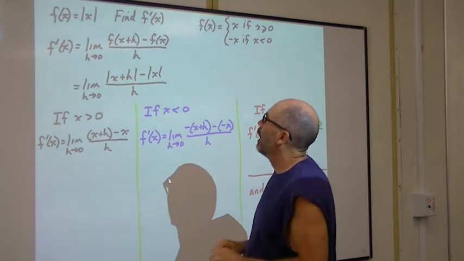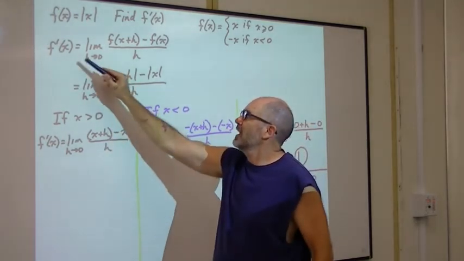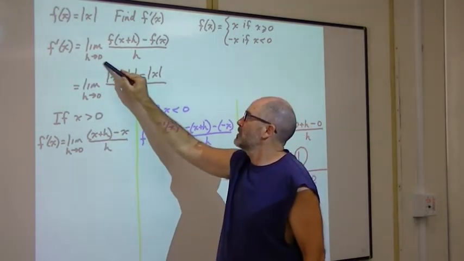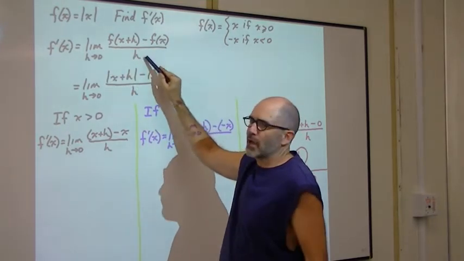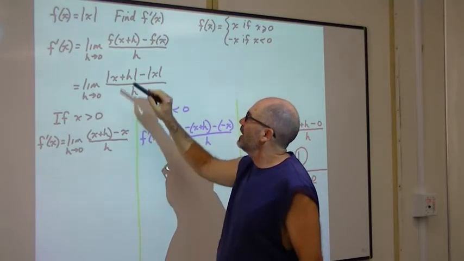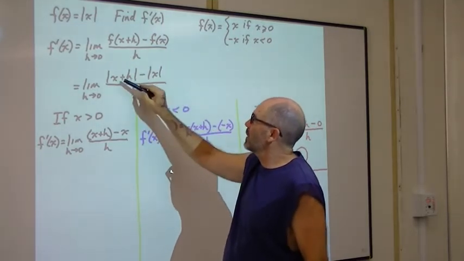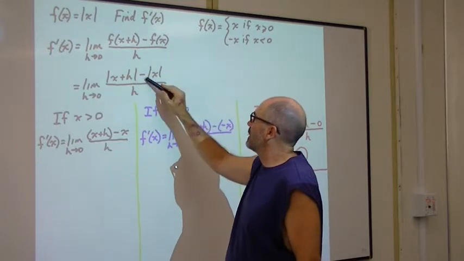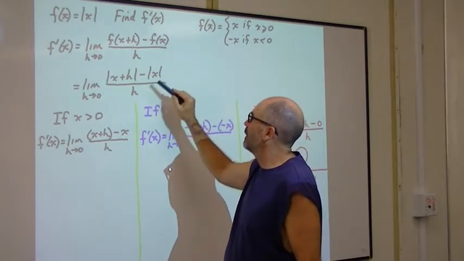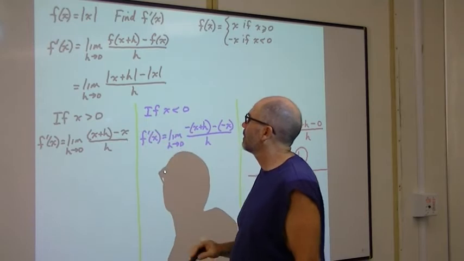Now, obviously f prime of x is the limit as h approaches 0 of f of x plus h minus f of x over h. We've memorized that. And f of x plus h is really the absolute value of x plus h minus f of x, which is absolute value of x, over h.